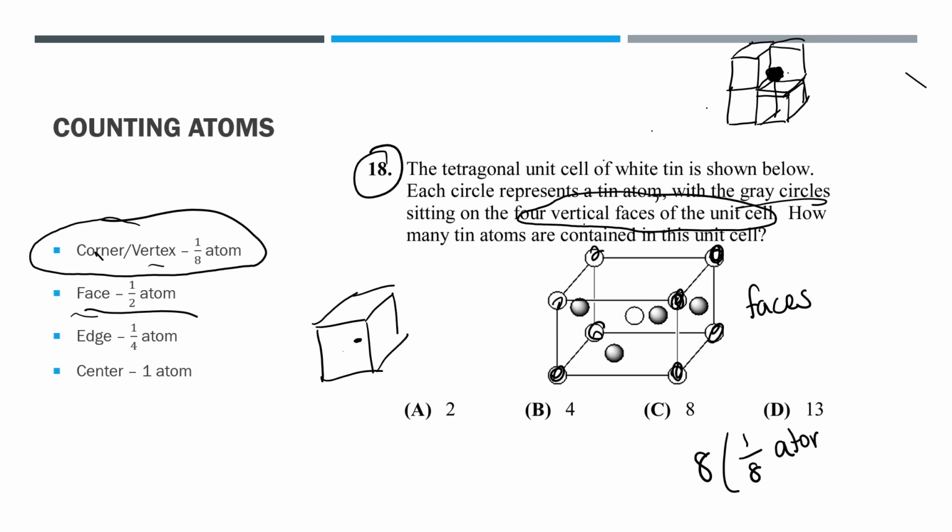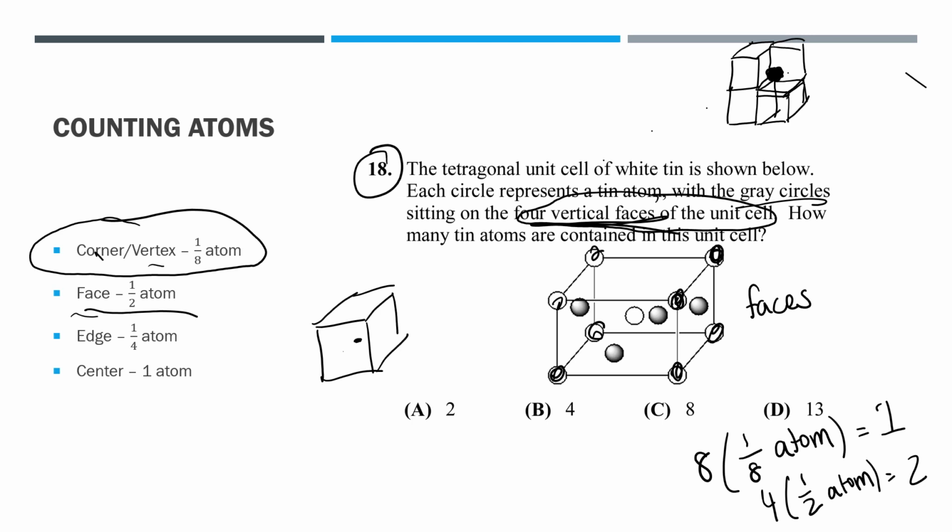So we have 8 times 1/8, which gives us 1 for the corner. And then for the faces, remember that each face is shared with 2 unit cells. So 1 unit cell will own half of a face atom. And we have 4 tin atoms on the faces, right? So we have 4 times half an atom, which gives us 2.